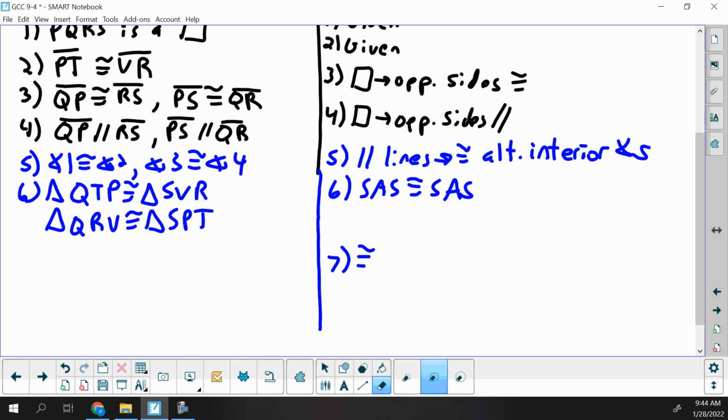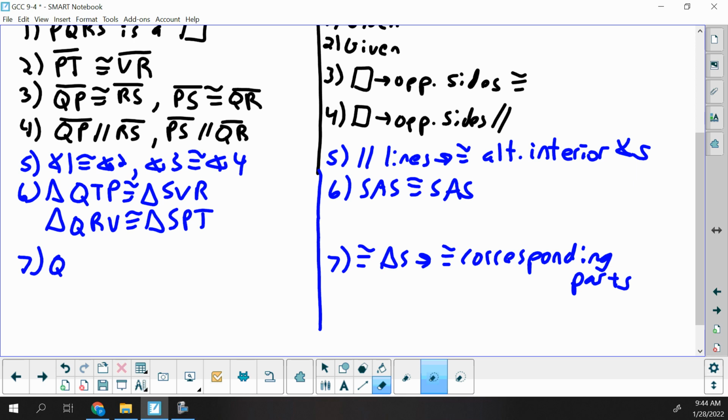So we said triangles were congruent, so we have congruent triangles implies congruent corresponding parts. And that'll be that QV is congruent to its opposite side, TS. And QT is congruent to VS.